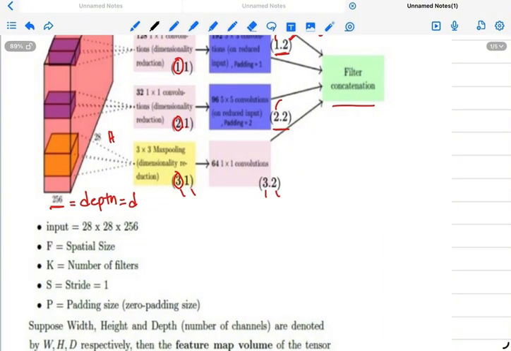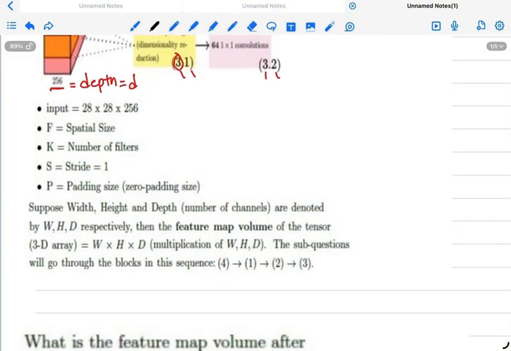Okay. Next, in the same question, the input size is 28 cross 28 cross 256, that is width cross height cross depth. D is the depth. F is the spatial size, that is filter size.